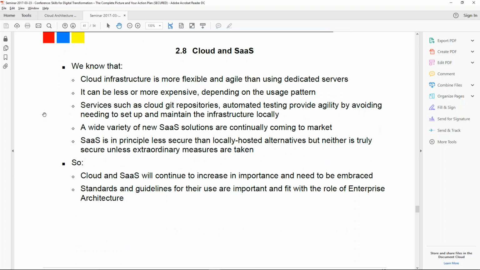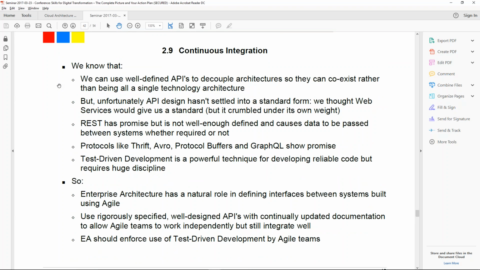Cloud infrastructure is everywhere right now. DevOps in particular is using cloud, but software as a service is there as well. Besides platform and infrastructure as a service, people are using these in the modern world. Continuous integration in specific, DevOps, continuous deployment in general, heavy duty work in terms of making continuous integration work.